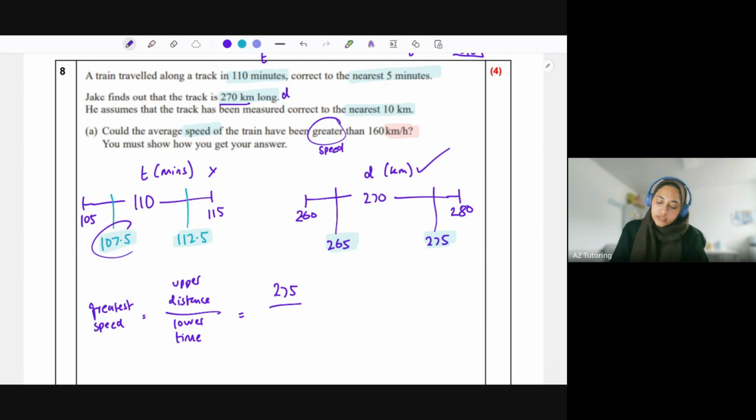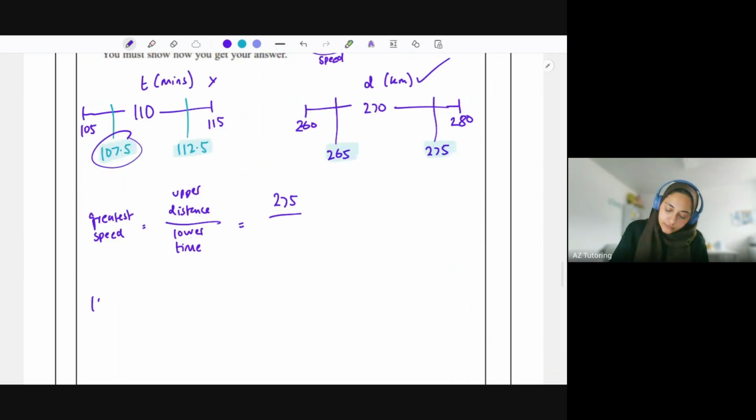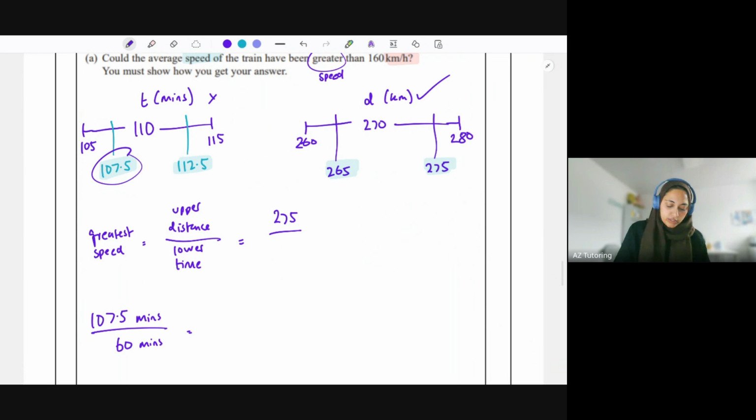So we need to change this 107.5 minutes into hours. To change that to hours, we need to divide by 60 because there's 60 minutes in 1 hour. So that gives us 107.5 divided by 60. That's 1.791 hours, correct to 3 decimal places.